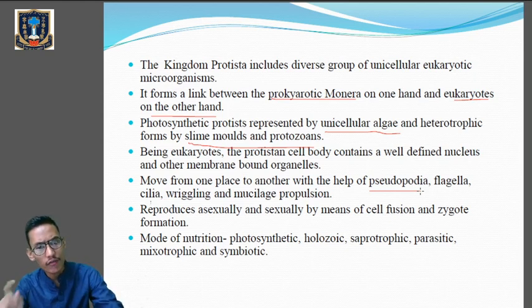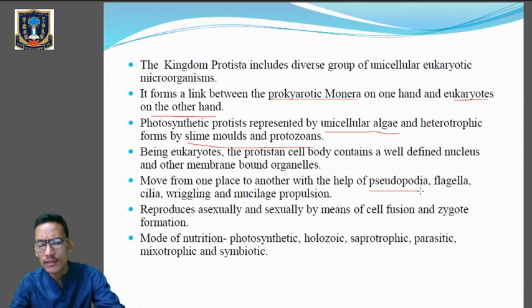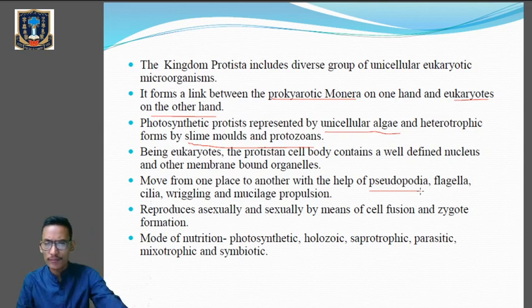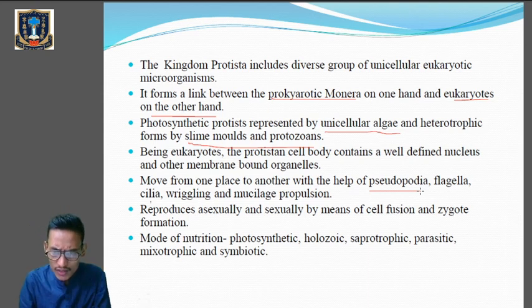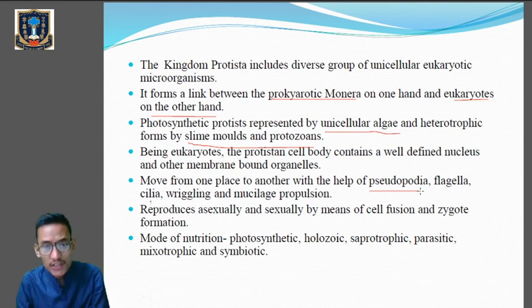Clear? Then they have flagella, cilia, or they show wriggling movement and muscular propulsion. So these are the different modes of locomotion we find in Protista. Clear? They reproduce asexually and sexually by means of cell fusion and zygote formation.